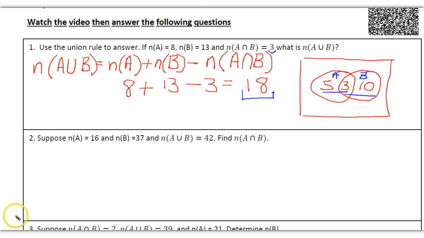All right, let's look at example 2. Here we're saying A is 16, B is 37. Now the union of it is 42, and the intersection, we don't know.